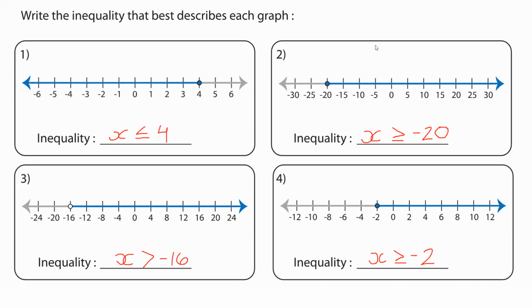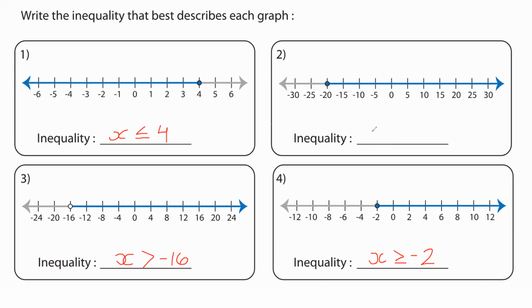Now let's go to this one. Let me erase it so you can get a chance to try it on your own. If we were to write this one, how would you write it? So we will shade the negative 20. Yeah, it's shaded. Then we'll go on the right side of it. Very good. So what is the symbol that we're gonna use?